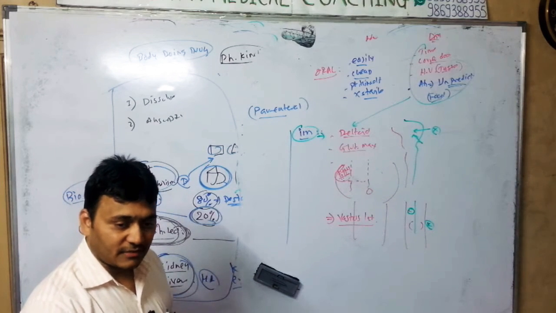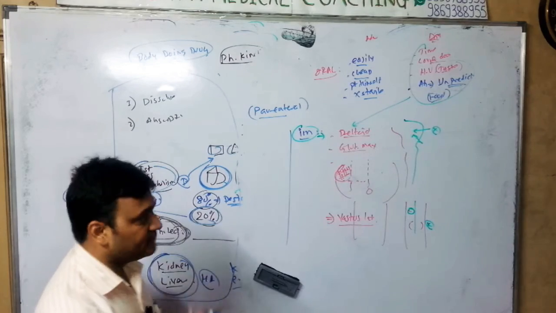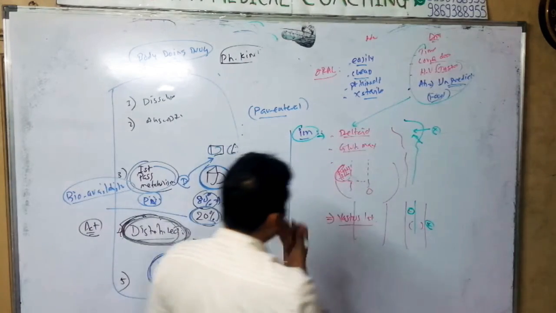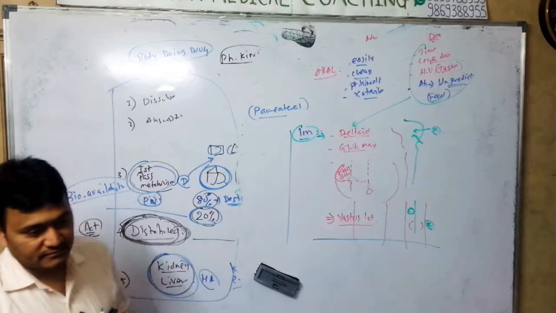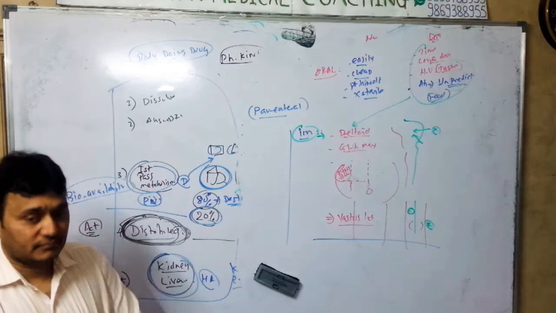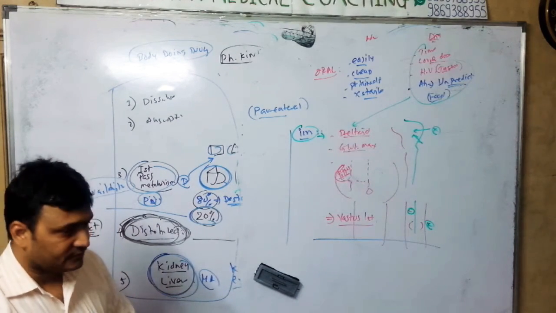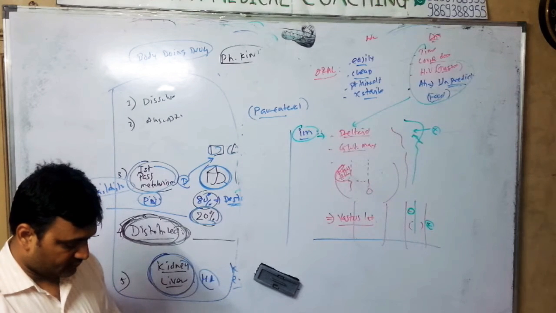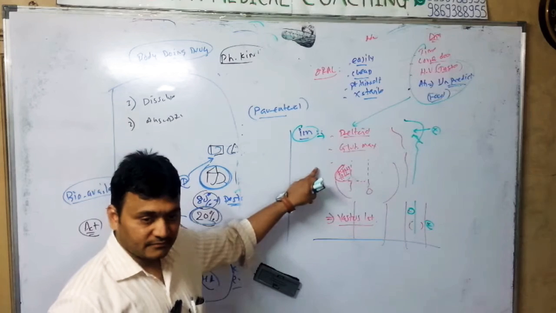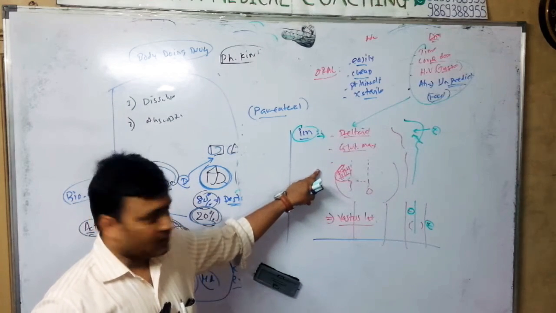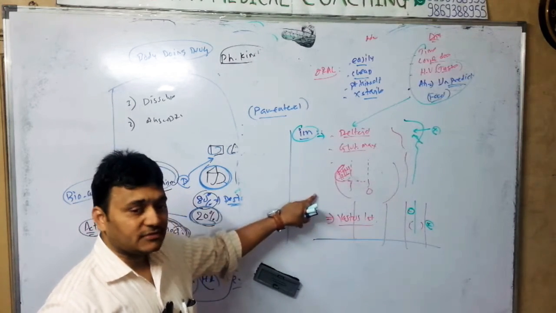It will not go into the muscle, it will go to some other place, and that can create more problems sometimes. What is the maximum volume you can give by this? Maximum volume of the drug. 1 ml maximum, no. 5 ml, 10 ml. The maximum volume that can be given by these routes is only 10 ml.